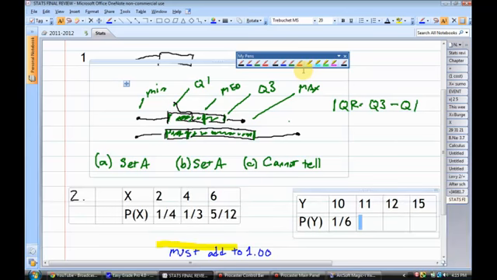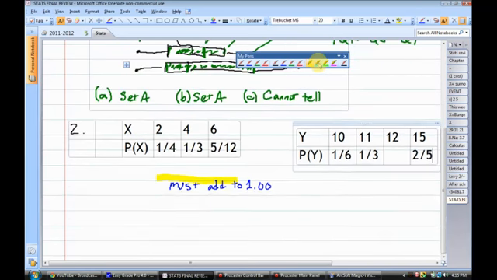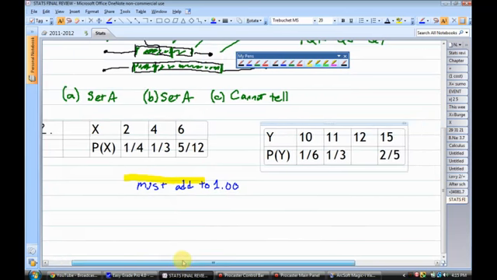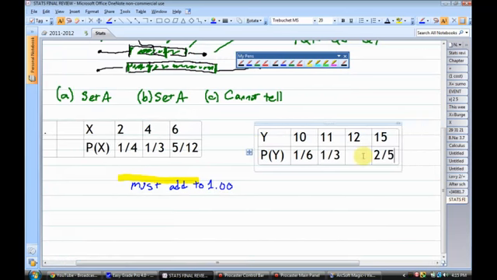Perfect one. 1/6, 1/3, a blank, and 2/5. And so again, this entire thing must add to 1. So this right here is going to be 1 minus 1/6 minus 1/3 minus 2/5.